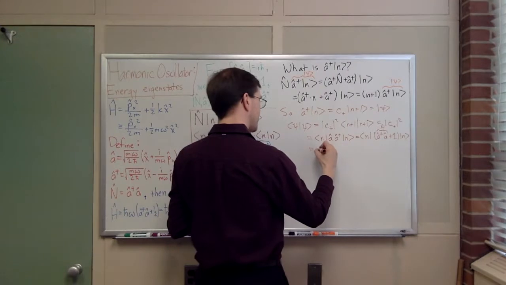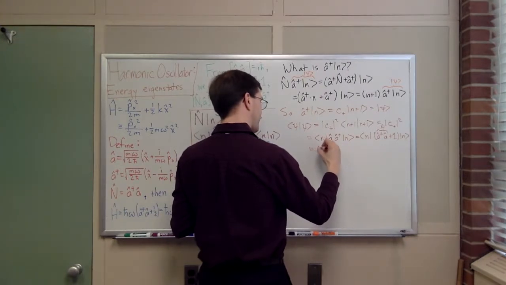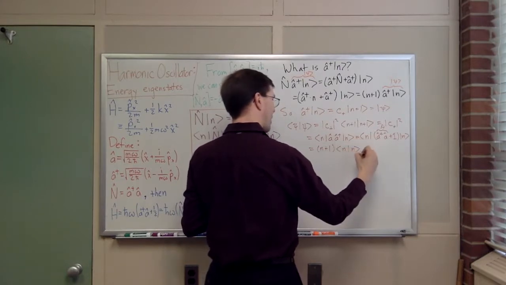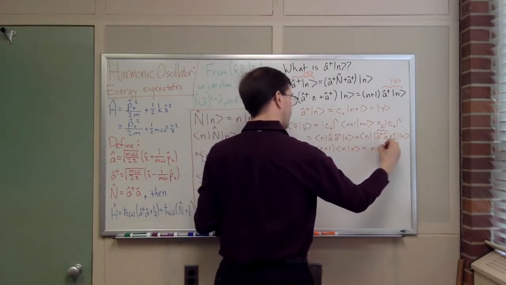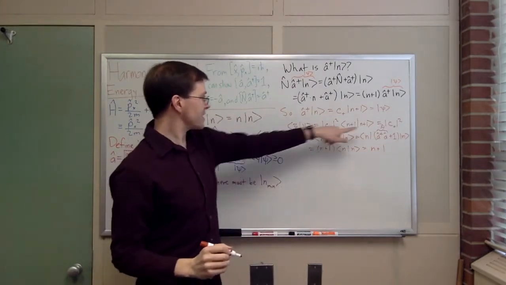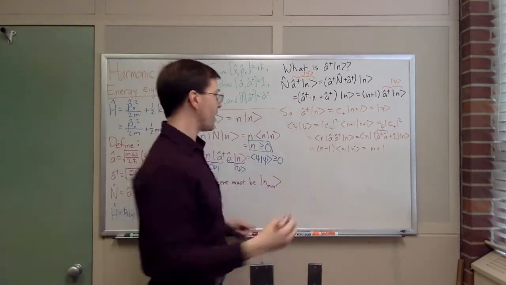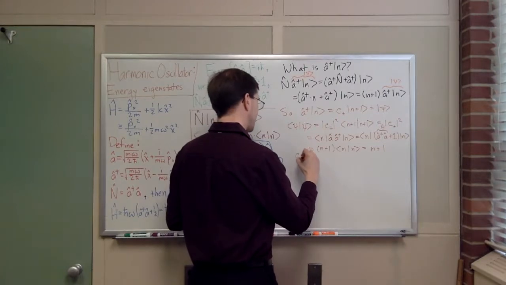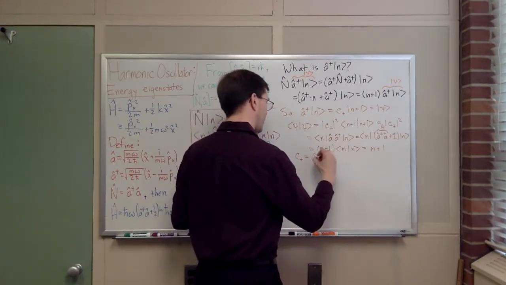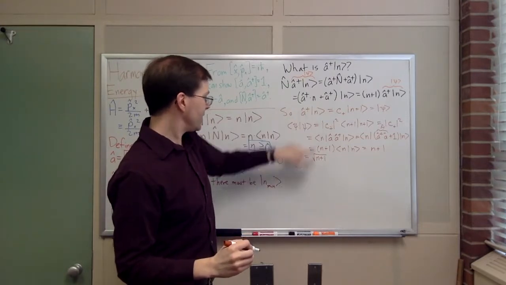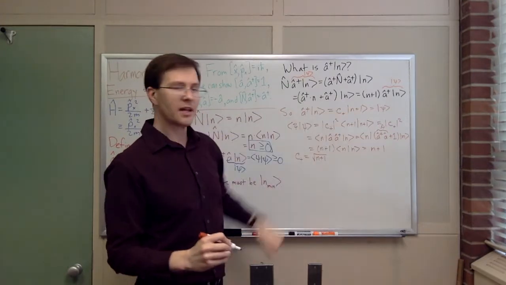And so this is n plus 1 times n bra with n ket, or just n plus 1. So in this equation, I can make the simplest assumption about the phase of C plus. I can say that C plus is equal to the square root of n plus 1. So I've got that a dagger acting on n gives me the square root of n plus 1 times n plus 1.